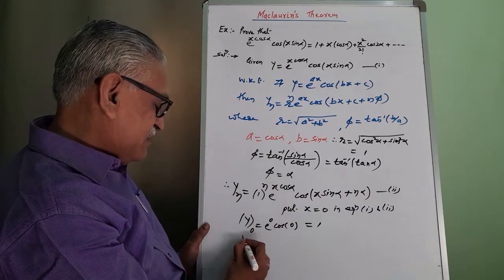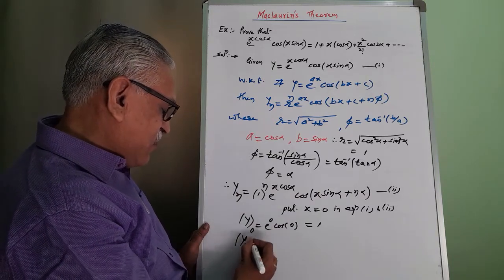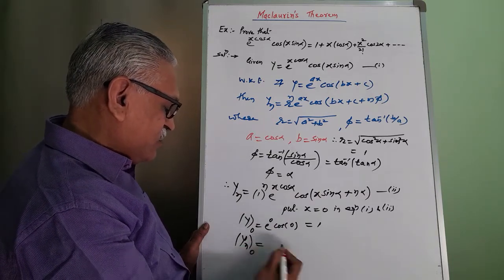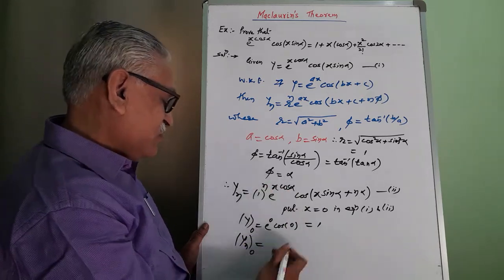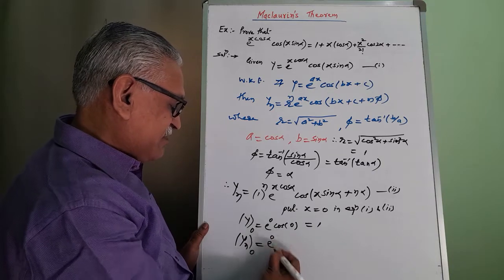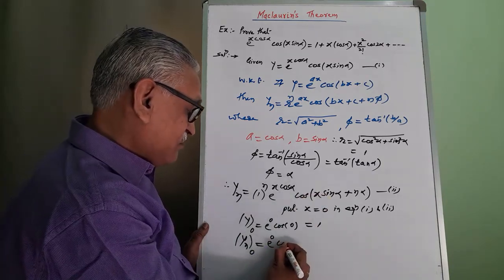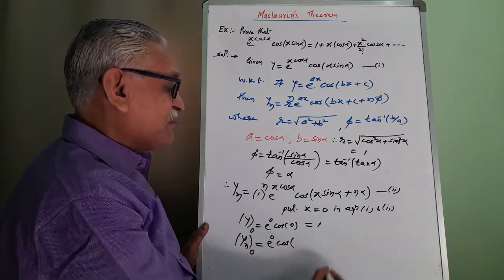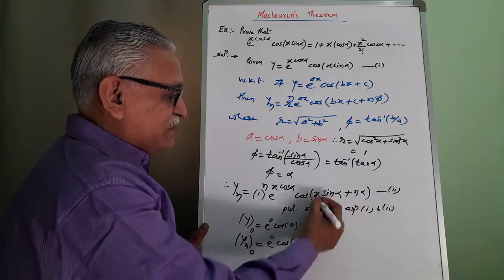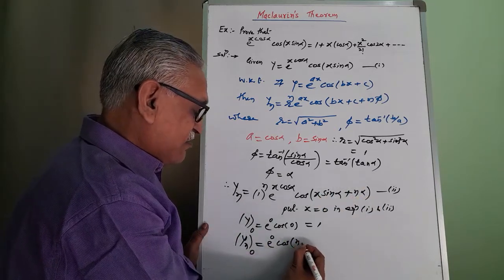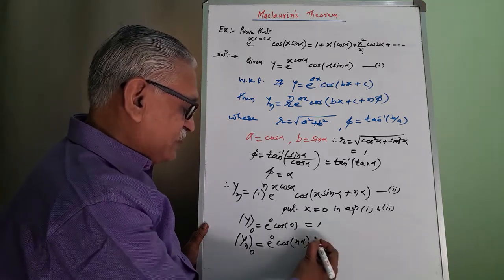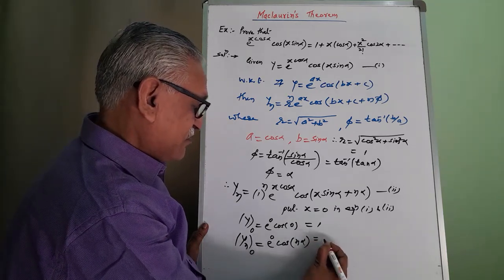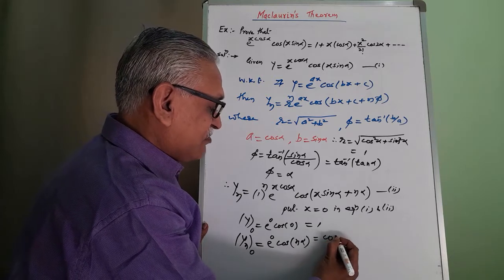And second, for the nth derivative of y at x equal to 0, we get e raised to 0 once again, and cos of x sin alpha at 0 becomes 0, plus n alpha. Therefore, yn at 0 is cos of n alpha.